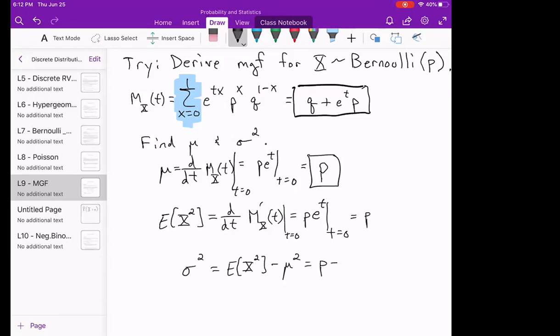So that gives us P minus P squared, which is P times 1 minus P. And so it's more common to see your answer as P times Q. I'm not that picky. If you left it as P minus P squared, that's fine. So the Bernoulli distribution has a mean of P and a variance of P times Q.